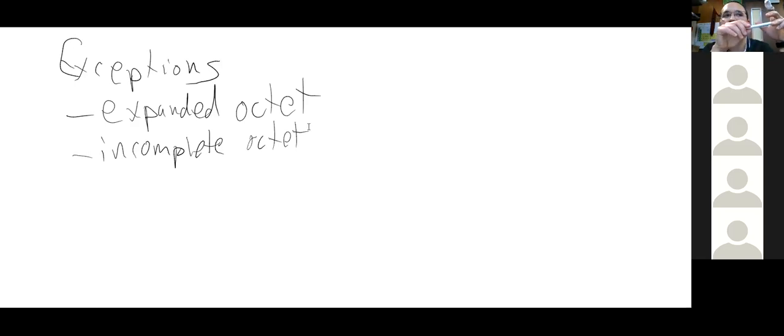Does anyone have any thoughts about a really common element that does incomplete octets? I think it was beryllium, and then boron, and then aluminum were the main ones. Very good, those are the main ones. It's because they are low in their period. Beryllium is almost like it's giving away its electrons to become helium, boron as well, aluminum as well.